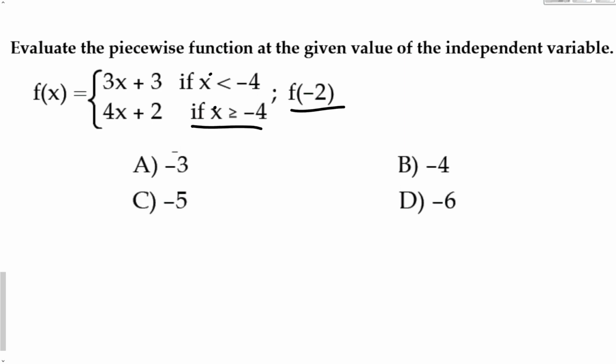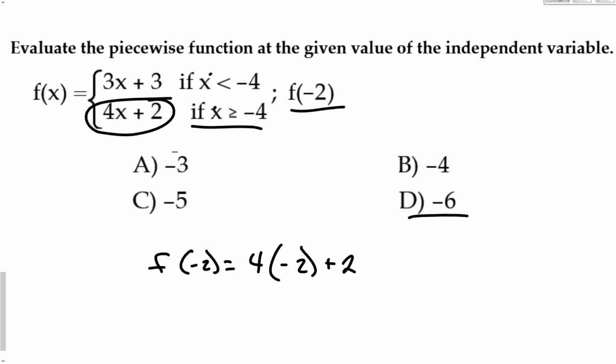And it is, of course, greater than or equal to -4. So f of -2 would be equal to 4 times -2 plus 2, which would be -6. And I use the second function because of the value of the variable.